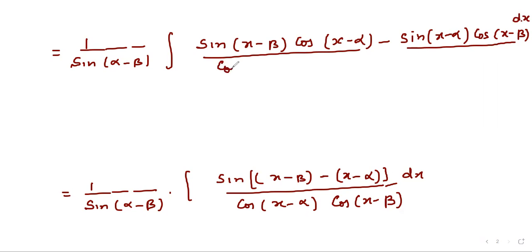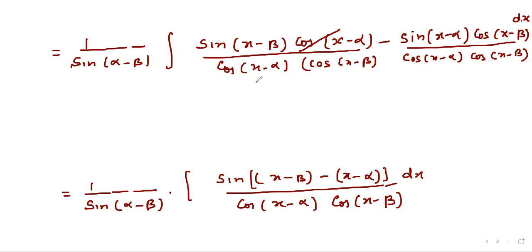So here cos x minus alpha times cos x minus beta, here also cos x minus alpha times cos x minus beta. Now cos x minus alpha will cancel out from here, and here cos x minus beta will cancel out.